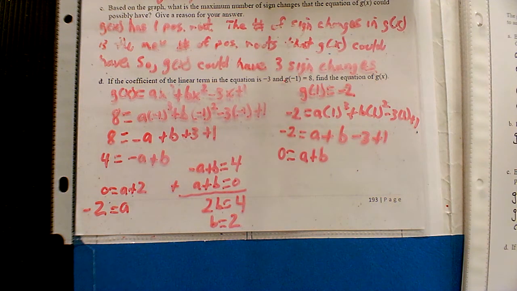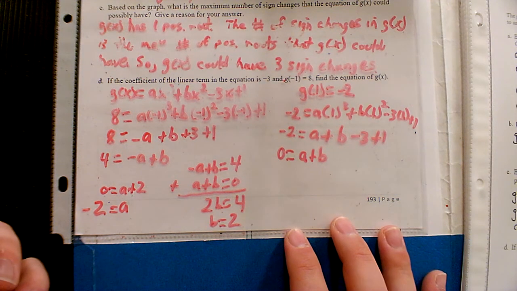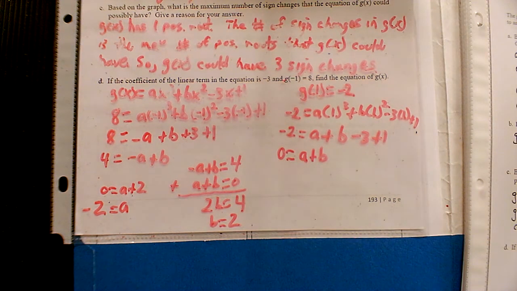So we've done all this work so far. Have we actually answered the question yet? No, what are they asking for? You go back, read the question. What do they actually want? Yeah, have we found all the pieces of the equation? Do we know what A is? Do we know what B is? Do we know what C is?